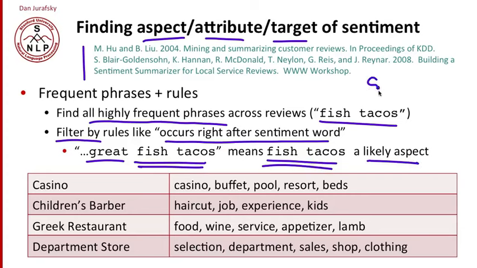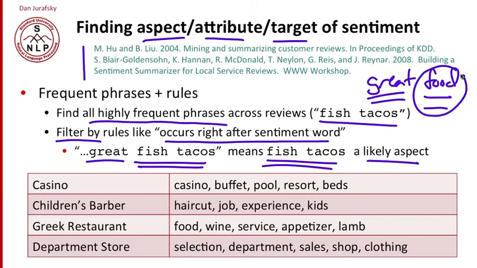So if we see food occurring very often in a review, and we see the words great and terrible and awful before it a lot, we know it's probably an aspect that people are applying sentiment to. And this can be used automatically to find sentiment for lots of things. Blair-Goldensohn et al. used it, for example, on casino reviews to find that words like casino, buffet, pool, resort, and beds are the kind of things people comment about in reviews of casinos.